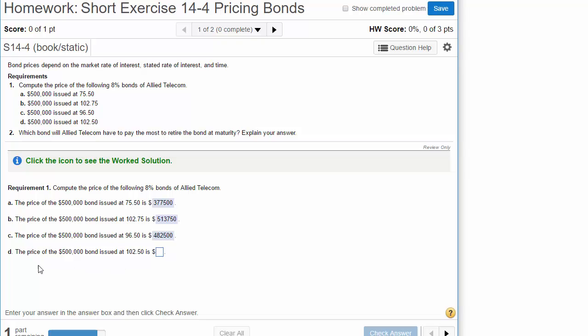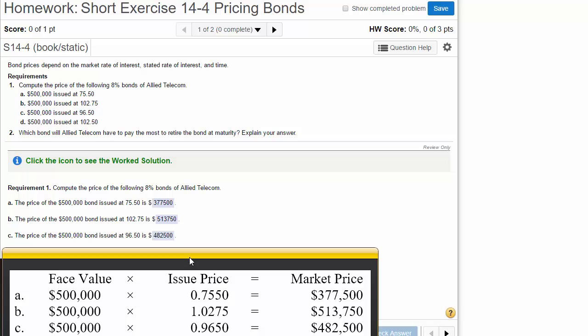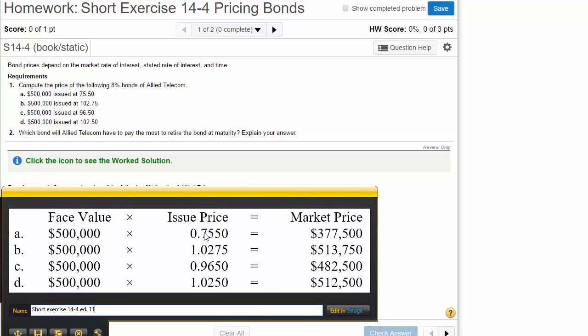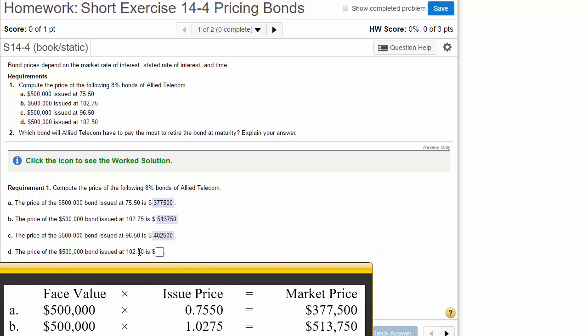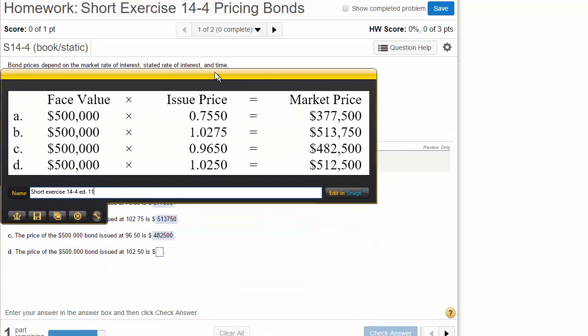And then scenario D, the $500,000 worth of bonds is sold at 102.5. So we have to calculate how much cash Allied Telecom got when they sold these bonds. To figure out how much cash they receive, it's 500,000 times 102.5%, which is the same as 1.025.